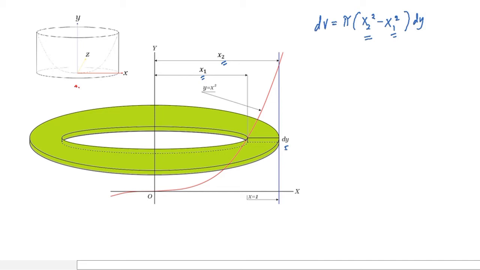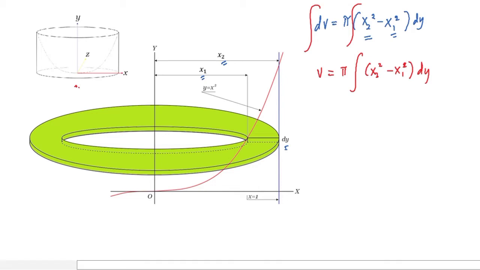So, with this, kung kukunin natin ito ng integral, then we would have here the volume is equal to pi multiplied by x sub 2 squared minus x sub 1 squared multiplied by dy. Now the question is, what is the value of our lower and the upper limit?